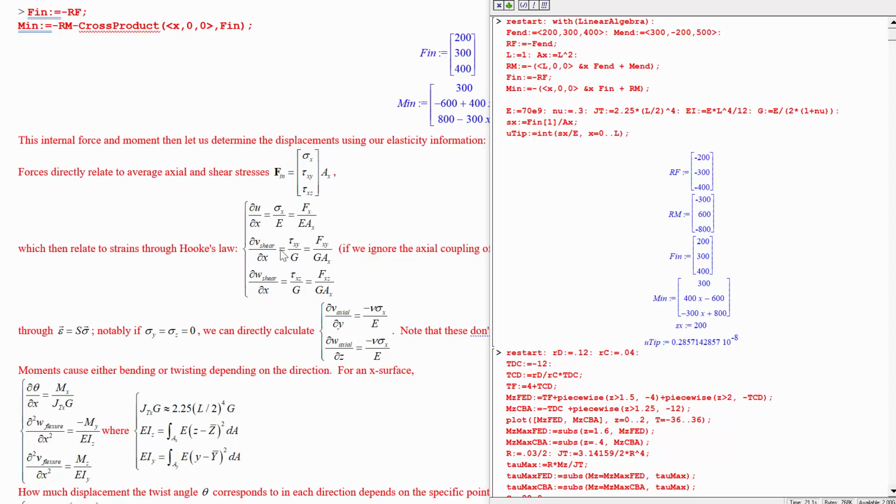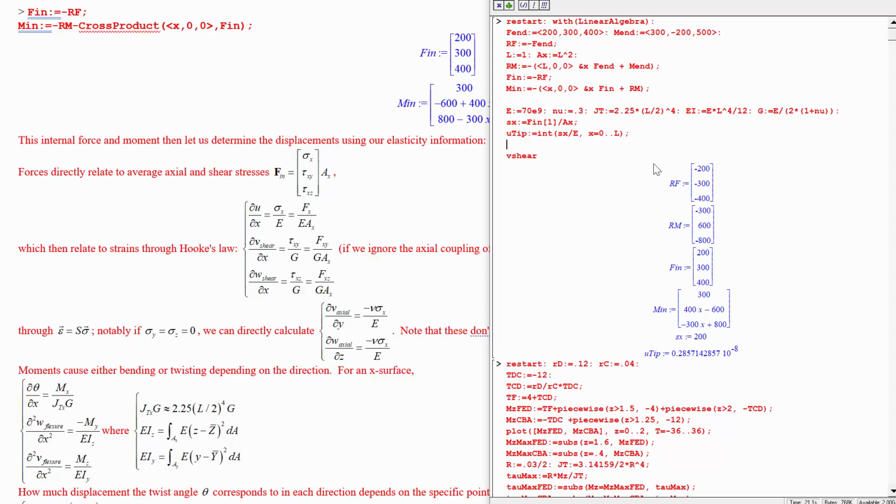Let's work out what the y displacement is altogether. So we'll say V shear will be equal to tau xy, which is the second component divided by A. So let's just call that Sxy is equal to F internal 2 over AX.